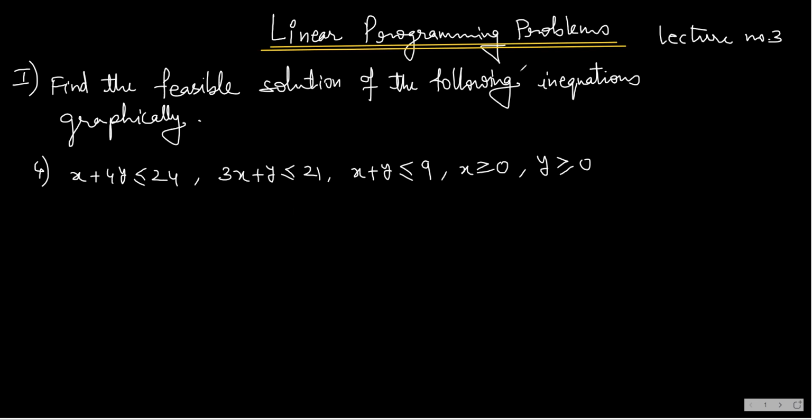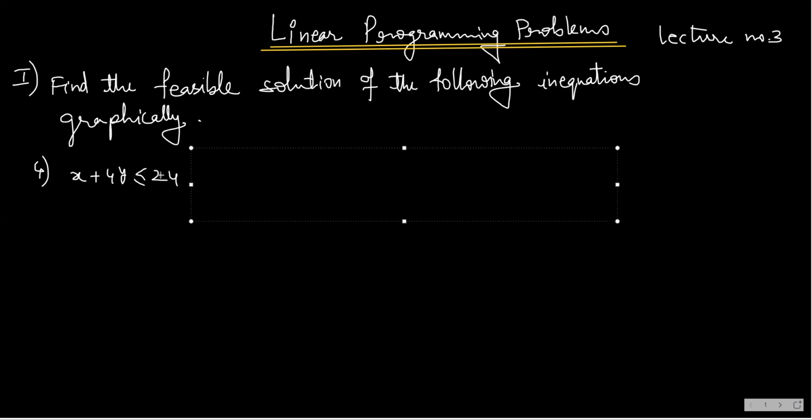We started with solving one single linear inequation graphically. Suppose you are given one single linear inequation like this and you have to solve it. So on the xy plane, you wish to find out which set of points satisfy this linear inequation.